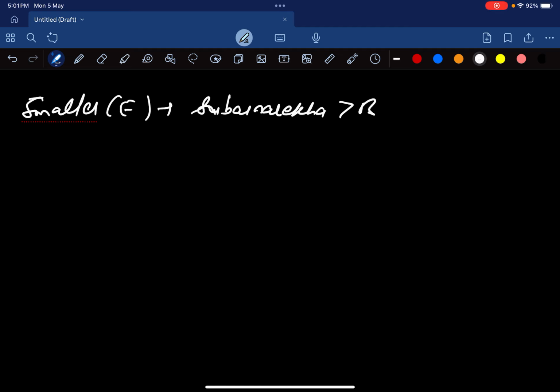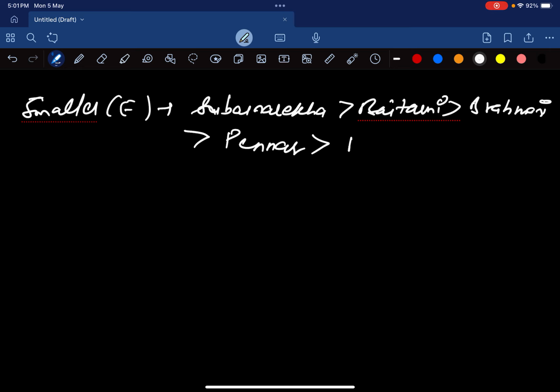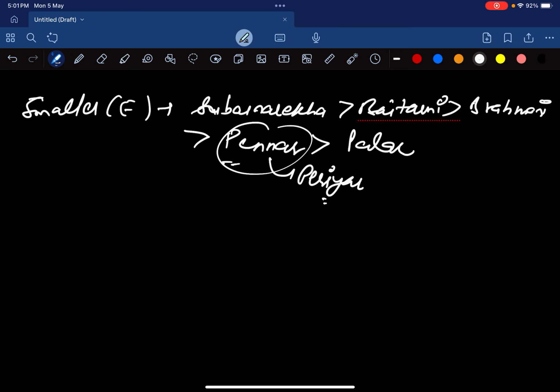If we talk about the smaller east flowing rivers are Subarnarekha, Baitarni, Brahmani, Pennar, and Palar. Don't confuse it with the river Periyar, right? Pennar is an eastern flowing river and the Periyar is the western flowing river.